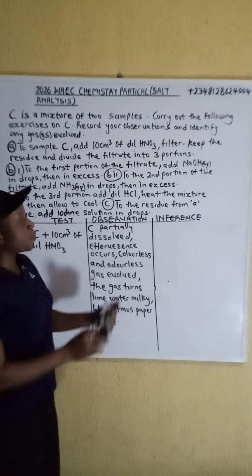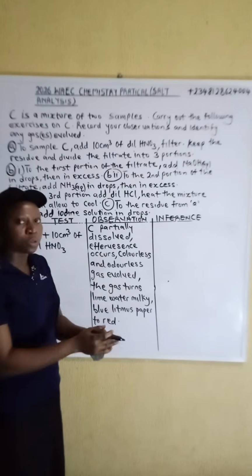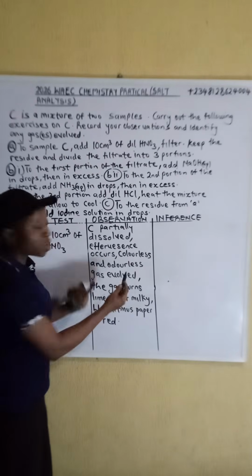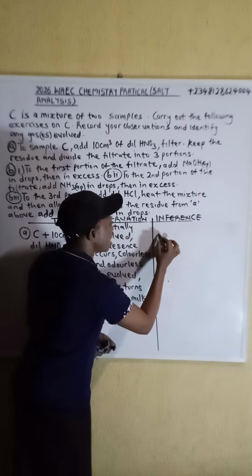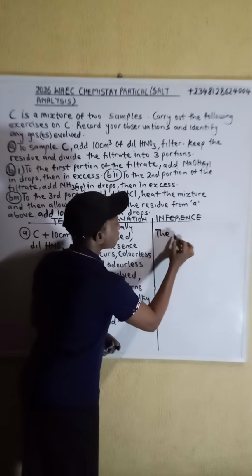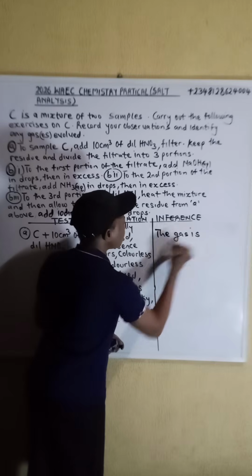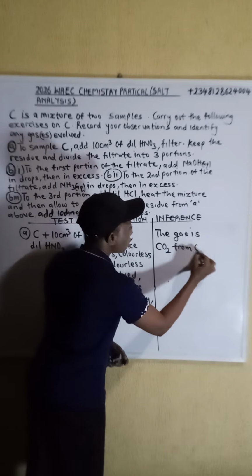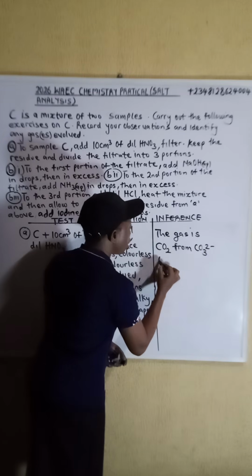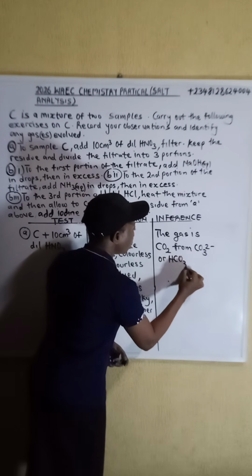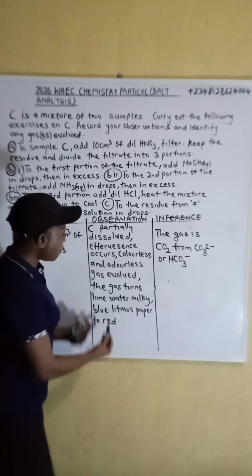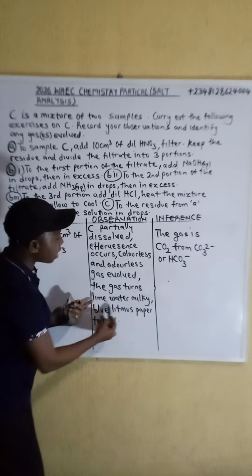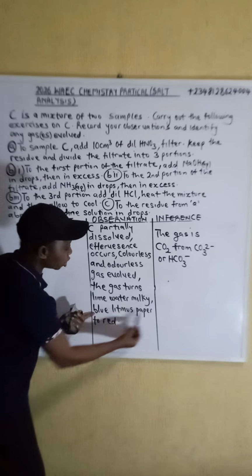So you cannot confirm the presence of any cation or anion. Since we have effervescence of colorless and odorless gas, what we are going to write here is that the gas is CO2 from CO3 2- or HCO3 -. Then don't forget that for the last statement, the gas turns lime water milky and blue litmus paper to red.